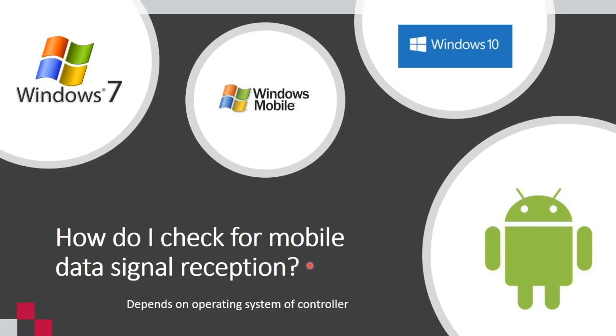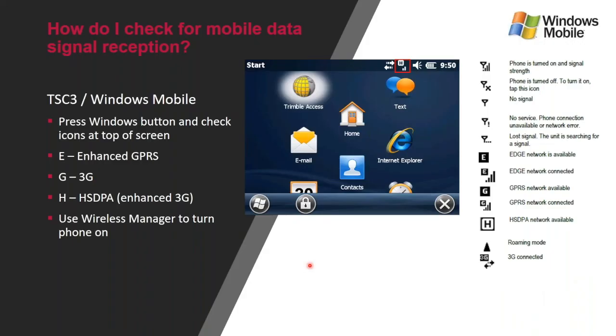So how to check for the data reception will largely depend on the operating system of the controller being used. And here are a few examples of how to check for signal based on the three main operating systems. So for the TSC3, the easiest way to check what's going on with the mobile data signal is to press the Windows key on the TSC3 keypad, and that will give you this screen that we can see here.